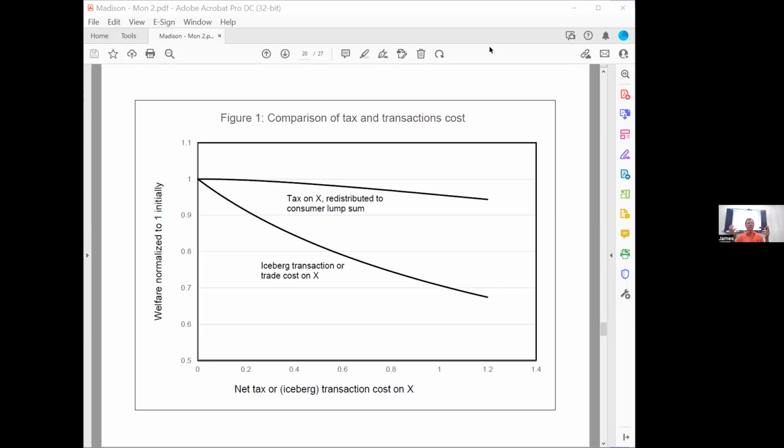It's only a tax equivalent at 0. And after 0, it's not. Okay. So that's the first thought for the day, that theory really should be guiding GE modeling as to what is the correct way to model policy interventions.